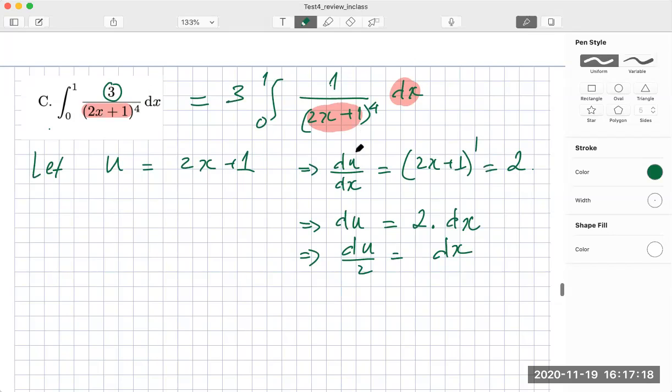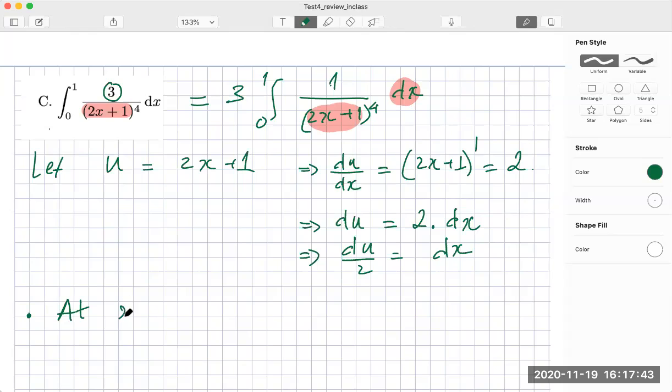Then this term, we can write in terms of du. But this is a definite integral. This integral depends on x, and it runs from x is equal to 0 to 1. When we change to the variable u, we should also change the limits, right? The bounds.